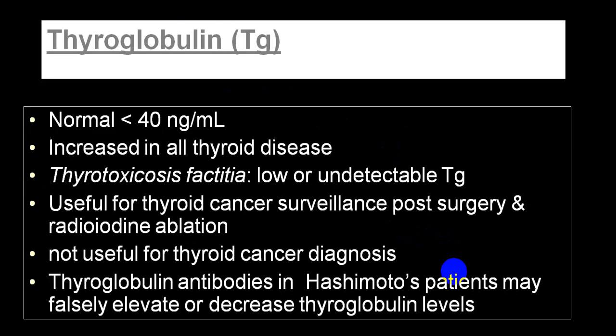Thyroglobulin I have already mentioned; it is mainly important in Hashimoto's thyroiditis. It can be falsely elevated or decreased thyroglobulin level.